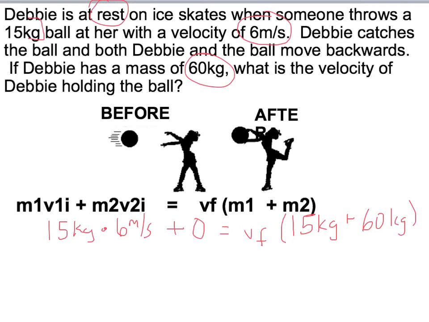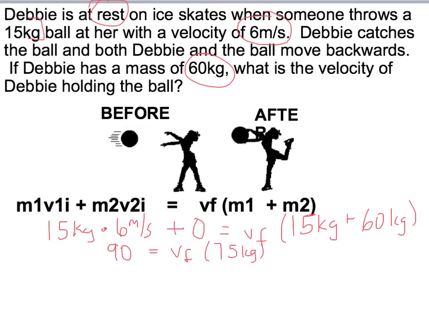So use your calculator to do 6 times 15. You're going to find that that's 90. And 90 plus 0 is 90. And we have the final velocity times 75 kilograms.